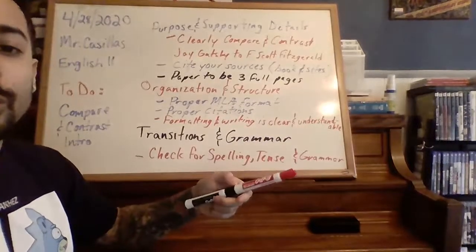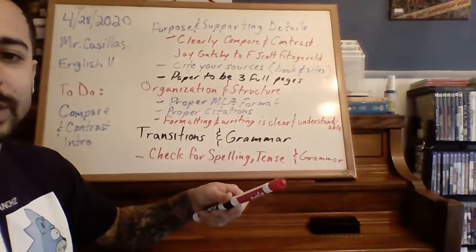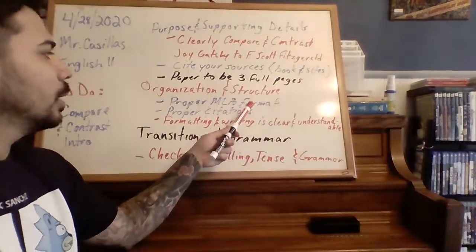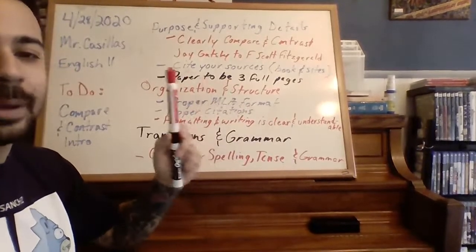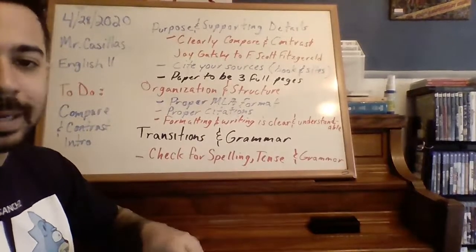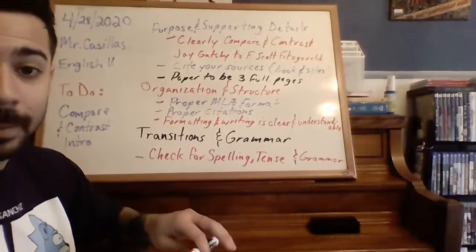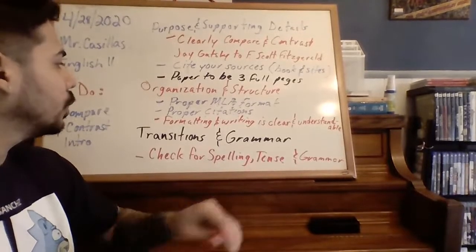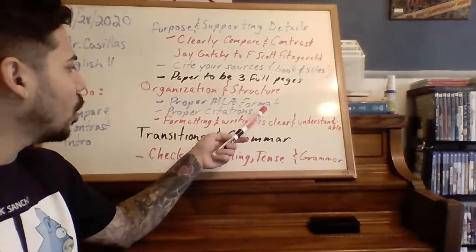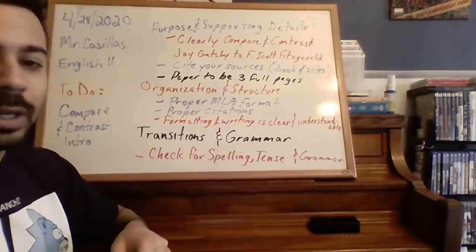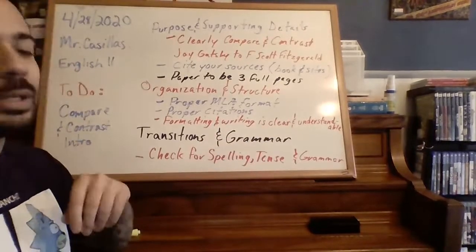We know what we are trying to give to our reader. I want to make sure it's in proper MLA format. You guys should know this by now. We've gone over it at least twice this year. You should have that. So for a 4, I want to see all 3 of these things done extremely well.